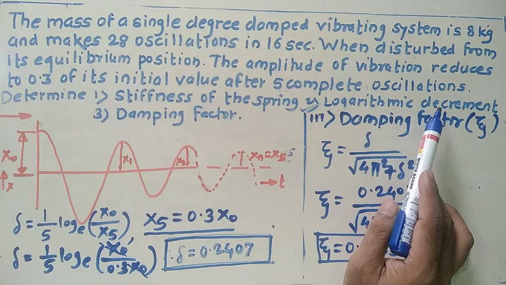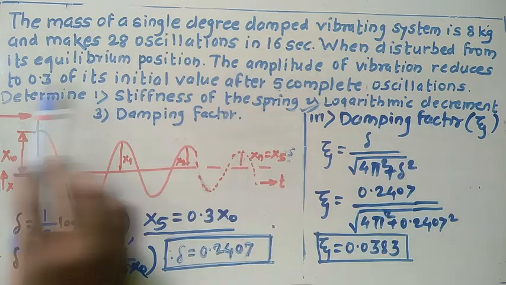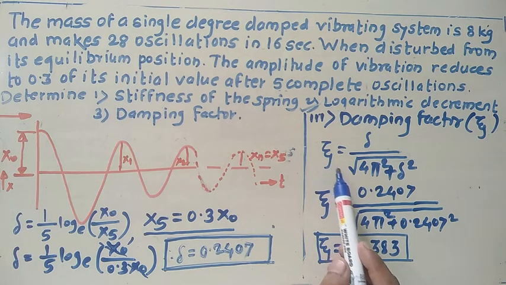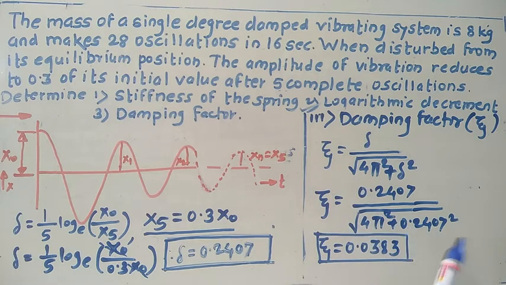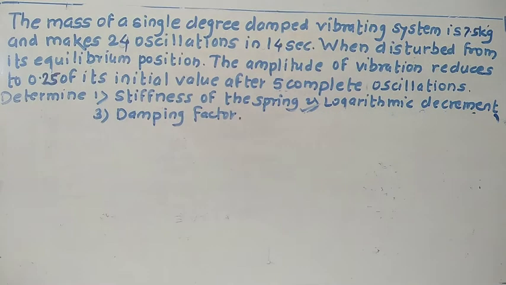The initial and final amplitude relation is given, so try to write that relation and draw the diagram, seeing the initial value and final value. The complete oscillations given are nothing but the value for n. Solve this to get delta, and once you get delta, easily you can get zeta. These steps almost always remain common for problems related to stiffness, logarithmic decrement and damping factor. So very easy.